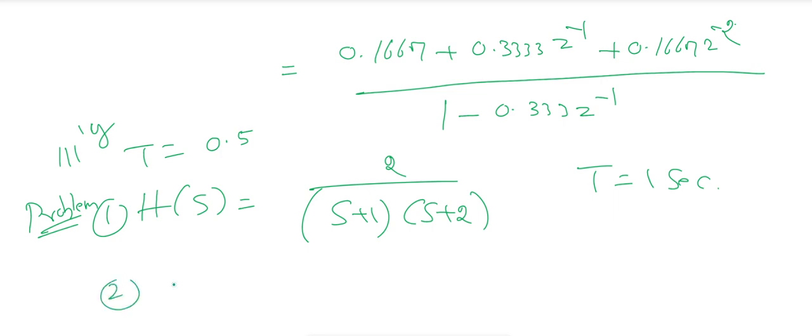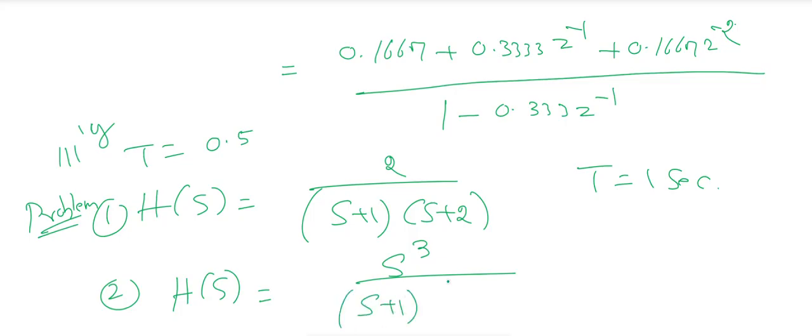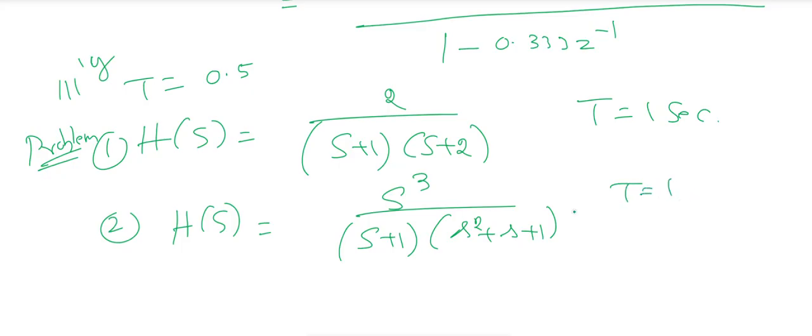Second one, H of S is equal to S cube by S plus 1 into S square plus S plus 1. Here also take t equal to 1. Wherever S is there, put S is equal to 2 by t into Z minus 1 by Z plus 1, or you can say 1 minus Z inverse by 1 plus Z inverse.